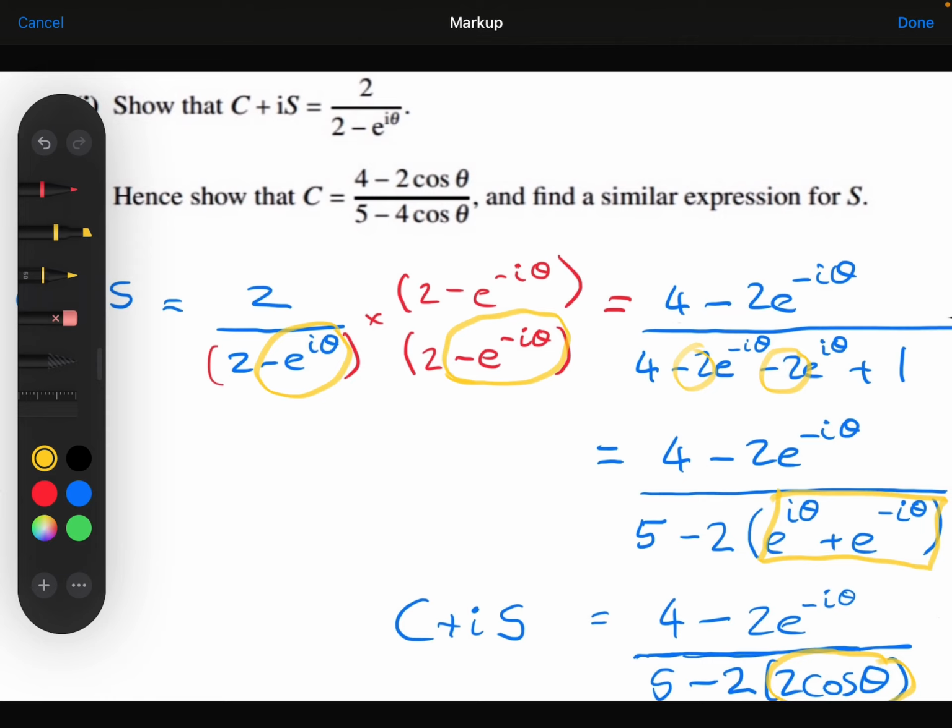So this is a slightly different little trick here of manipulating the denominator so that I am able to use this result. And notice once I've got to this stage down here, I've got the 5 minus 4 cos theta, which does start to look like what we wanted.